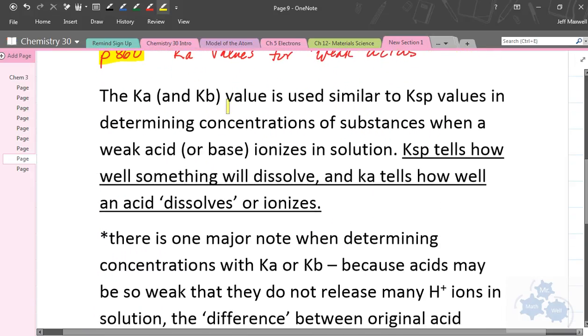The Ka value, as I mentioned, and I've talked about this already, but just get it down in your notes. The Ka value is used in a similar way to the Ksp values and also to the Keq in determining concentrations of substances when a weak acid or base ionizes in solution.